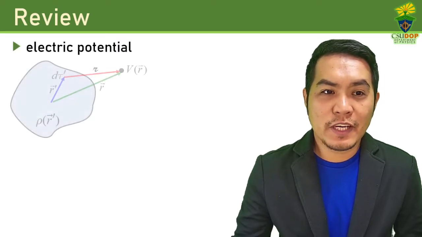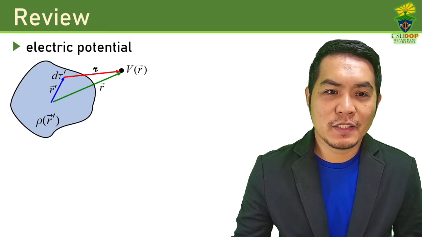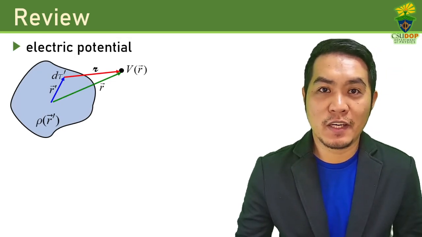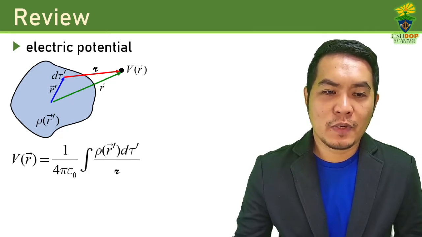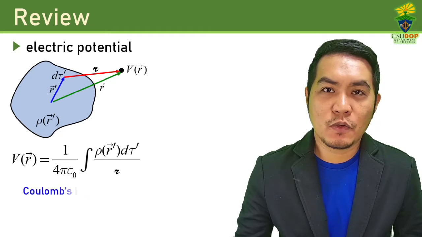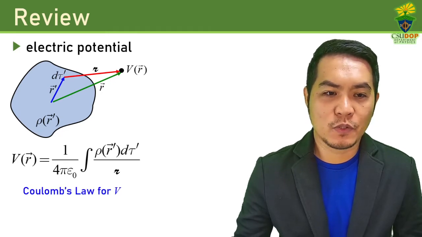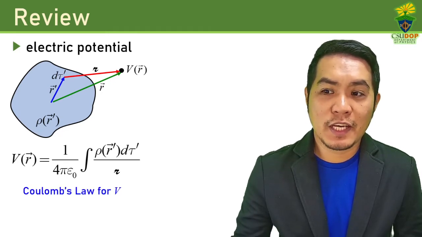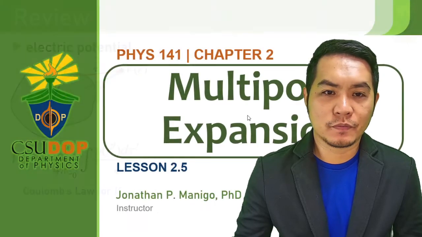So, in the first chapter, we defined how to find the electric potential due to a given charge distribution density rho. So we can actually just use Coulomb's law for the potential to solve for the potential at any point r.